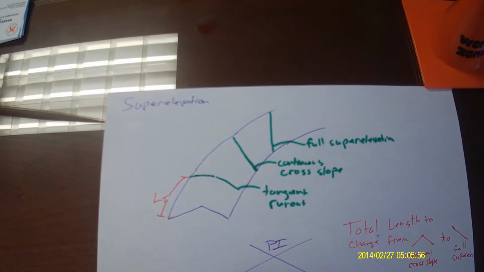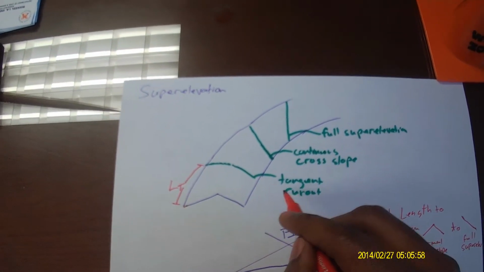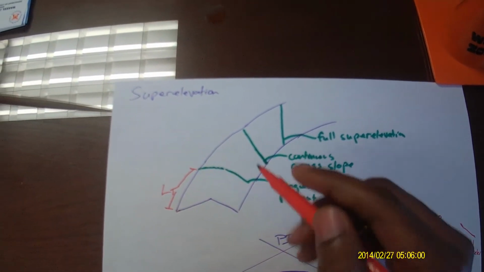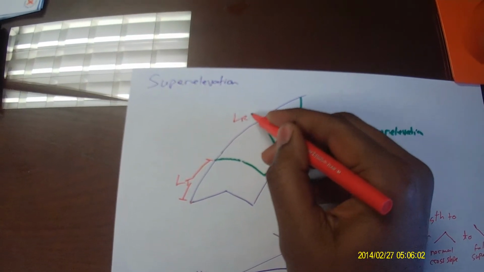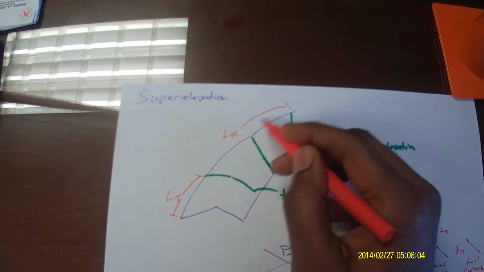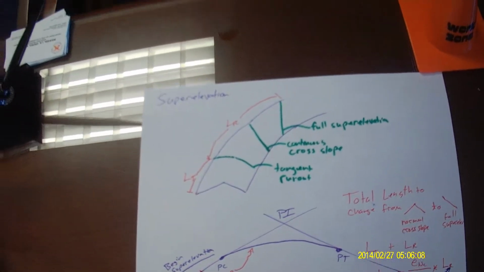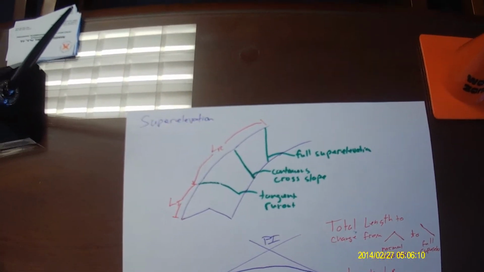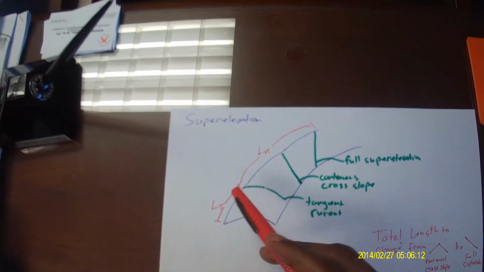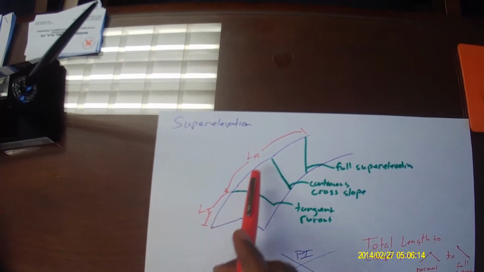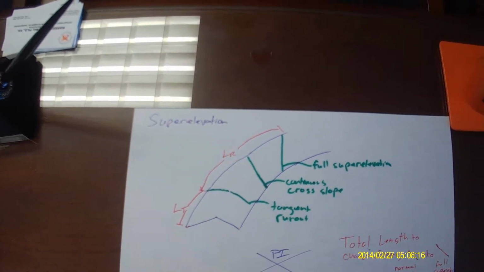And your L sub R is the distance from the tangent runout to a full super elevation. So your L sub R is the distance from here to here. Now it's weird because the only way you can figure out what your L sub t is is if you know what this is. So you have to kind of work backwards.